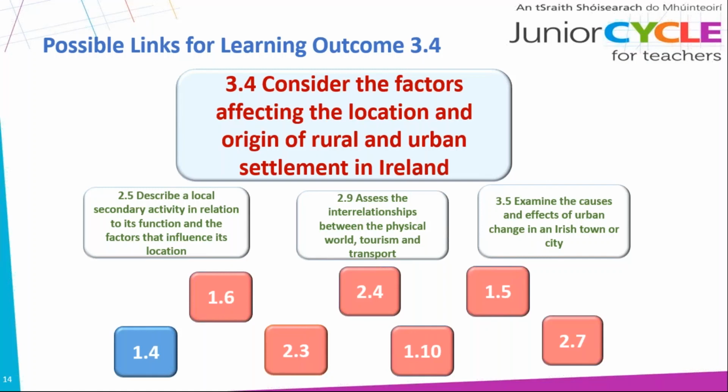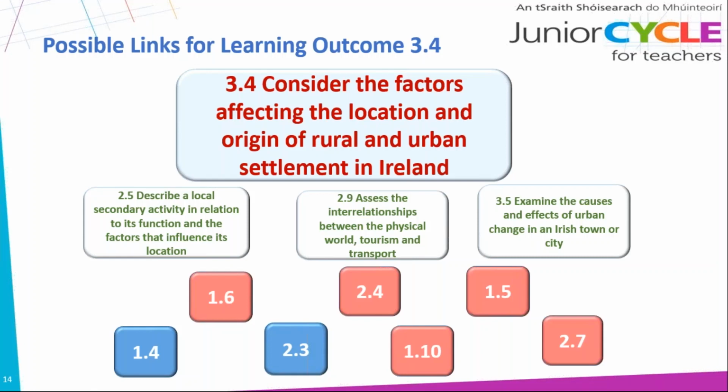Students will realise the effects the physical landscape has on primary economic activities, which has a potential link to learning outcome 2.3 from strand 2, which is to identify how the physical landscape influences the development of primary activities, linking it back to learning outcome 3.4 by describing how the physical landscape influences the origin of settlement.